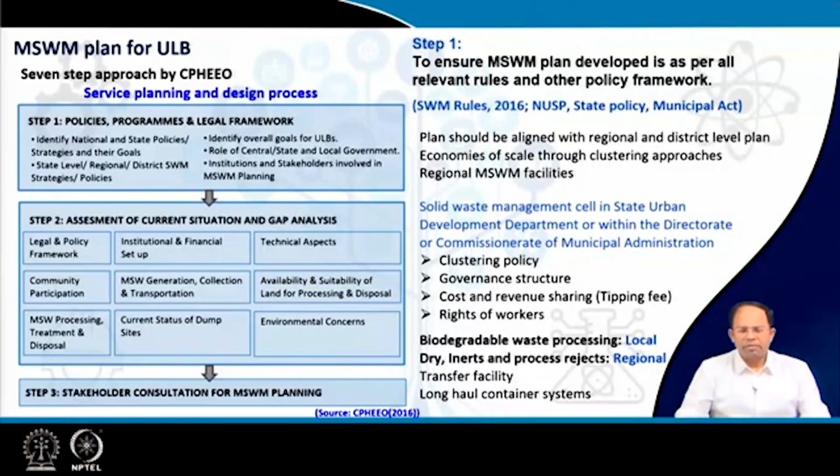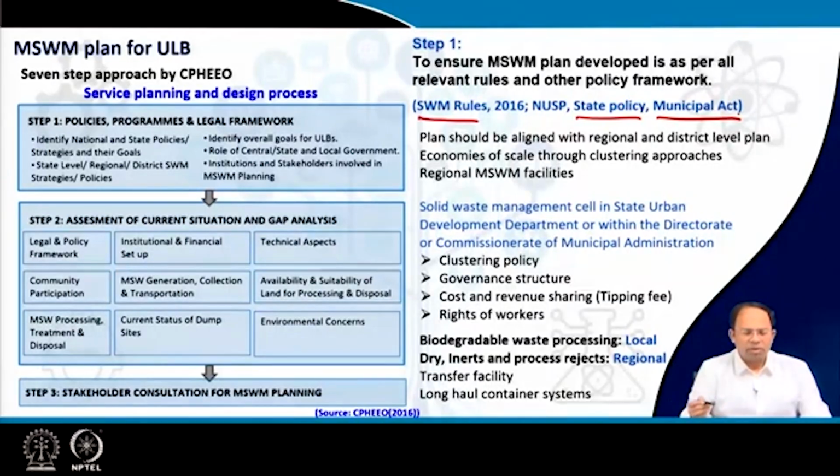So first of all, we have to ensure that the municipal plan is developed as per all the relevant rules and policy frameworks that have been developed in our country. For example, we have already learned about solid waste management rules 2016, national urban sanitation policy, the state policy, and also the different municipal acts and the bylaws that have been formed.